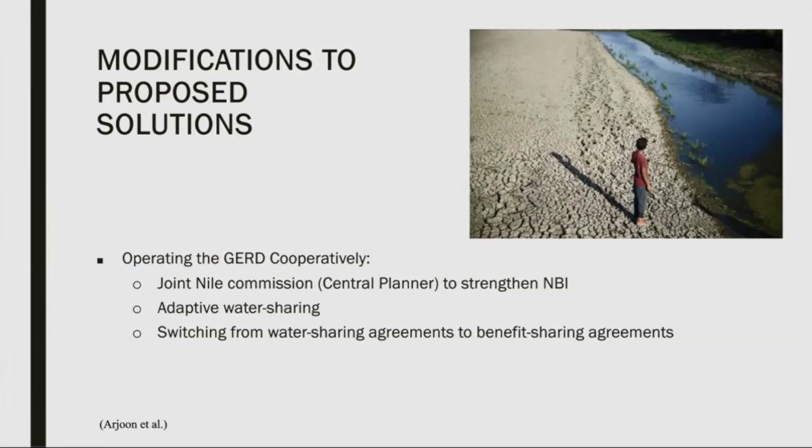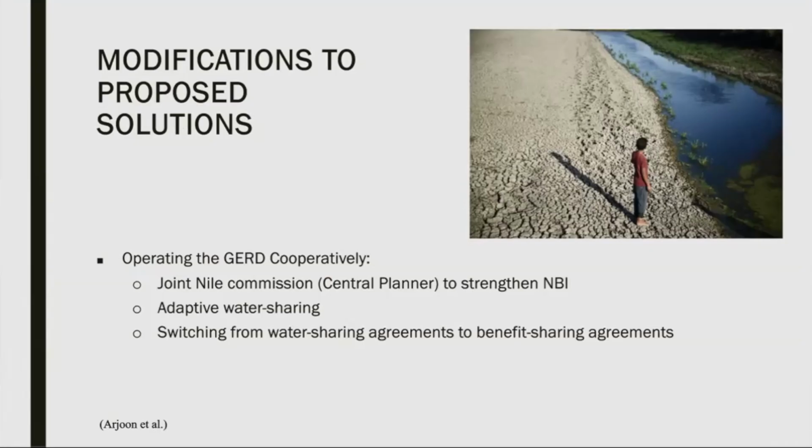It's just a fixed allocation that they get, and they can overuse it, and then it doesn't leave enough for everyone else. So with the adaptive water sharing, it would promote giving them an allocation that makes sense for their water use and makes sense for the amount of rainfall in the year. If it is a dry year or if it was a wet year, it would make sense to adjust that allocation rather than just giving them something fixed.